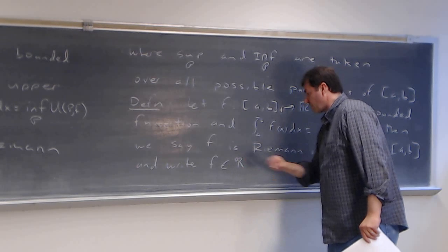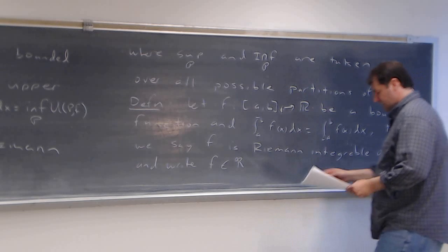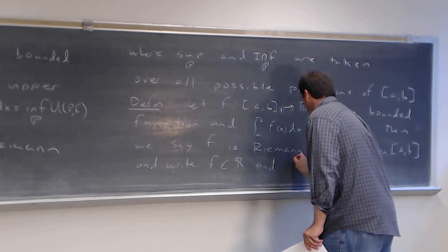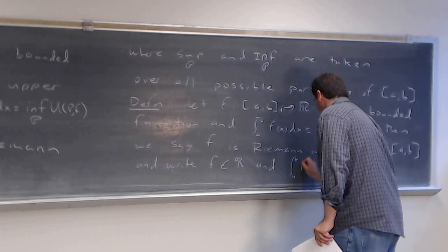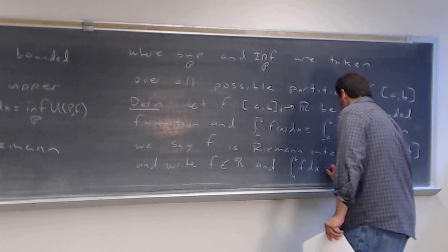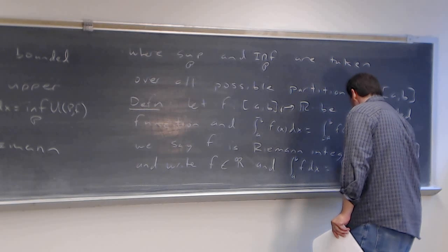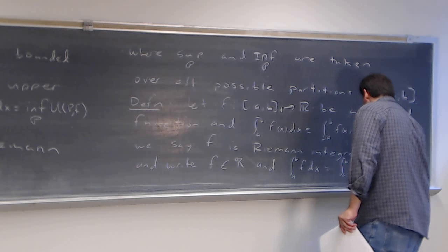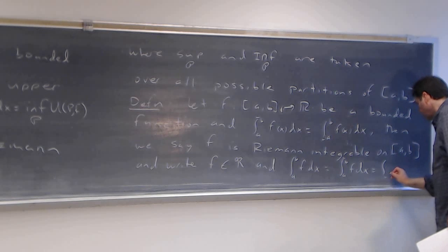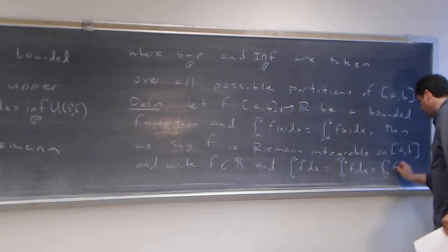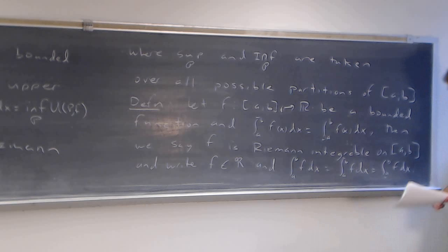meaning that f is a Riemann integrable function, and the Riemann integral from a to b of f dx is going to be equal to the upper Riemann integral from a to b, which of course is the same thing as the lower Riemann integral. Okay.